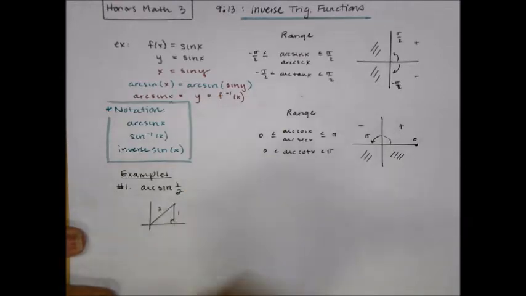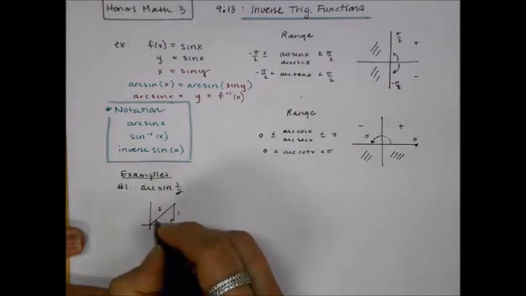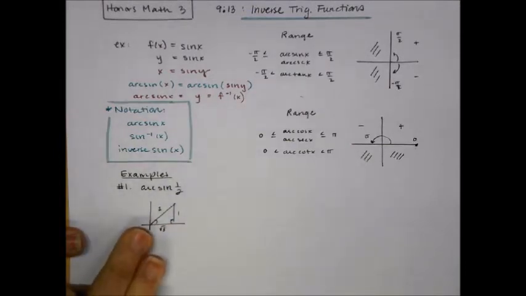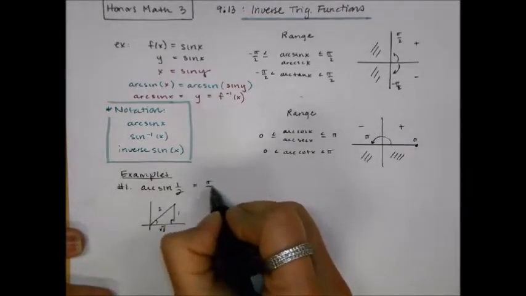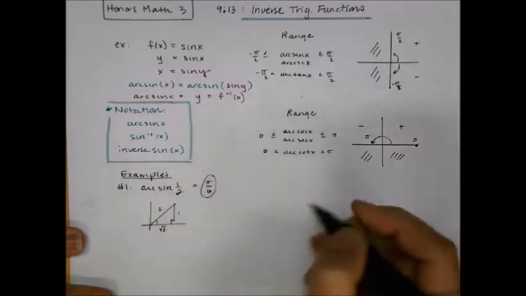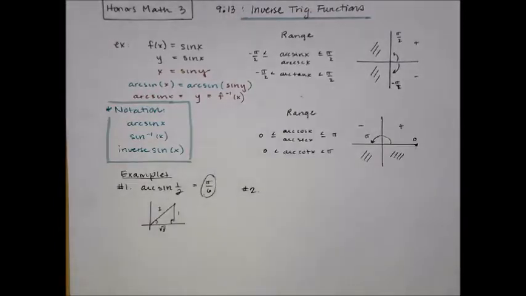That would leave the remaining side as root 3. We always have 30 degrees next to root 3. So 30 degrees, or in radians, pi over 6. And that's it. There's only going to be one answer for these problems.